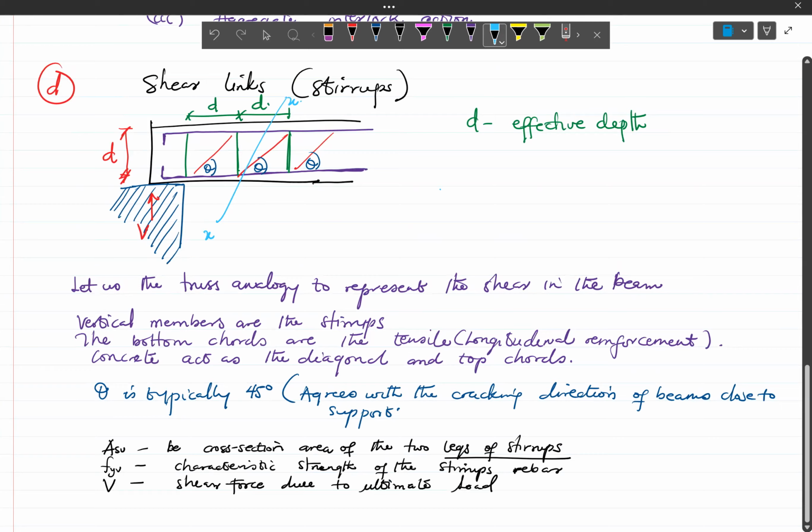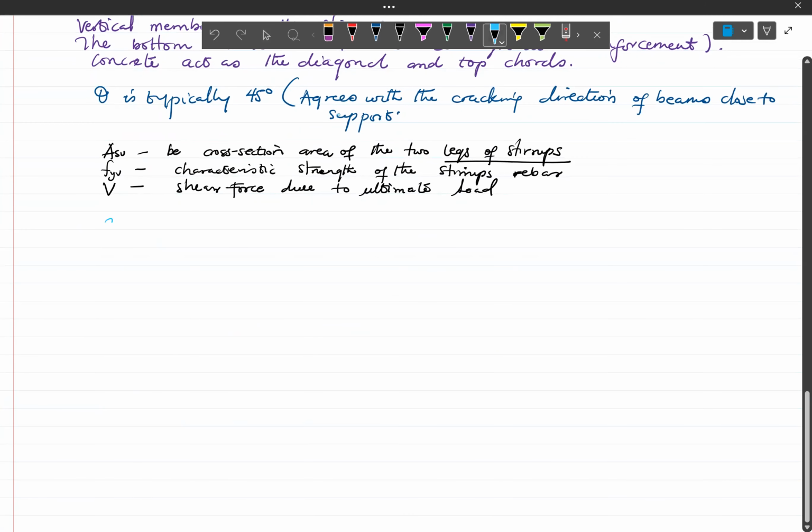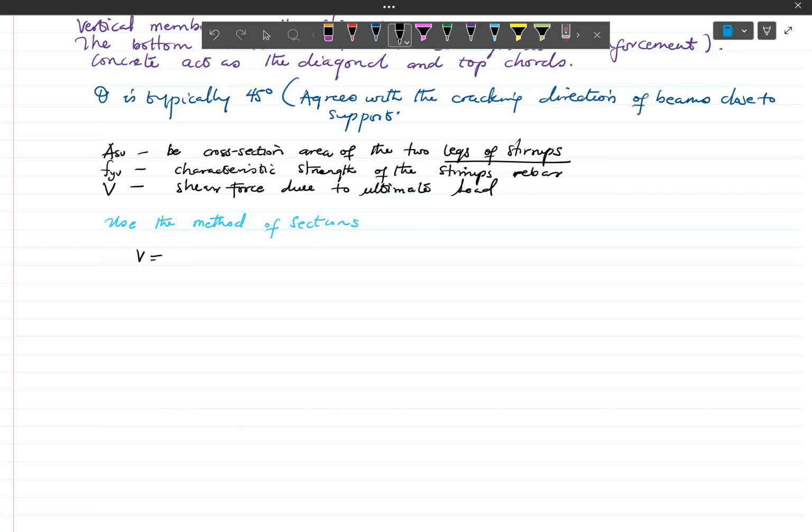Normally, if you use the method of sections from the truss analysis, I'm not going to spend too much time on this, you would realize that the shear force V will be equal to 0.87 FYV ASV.